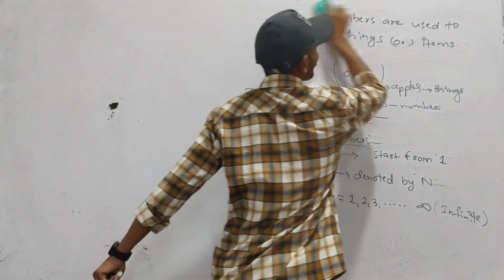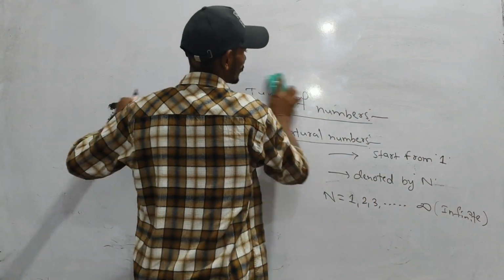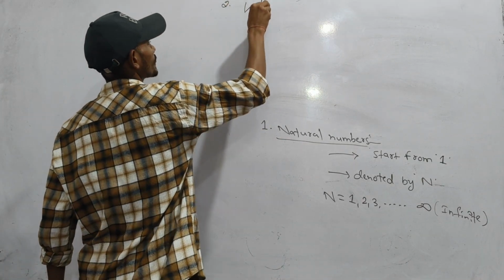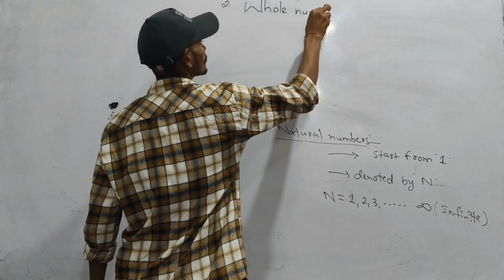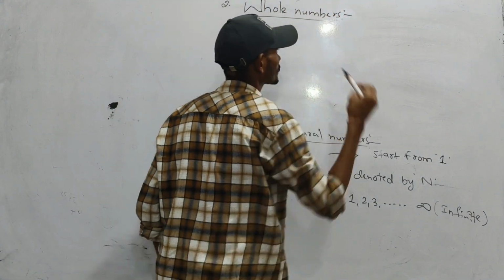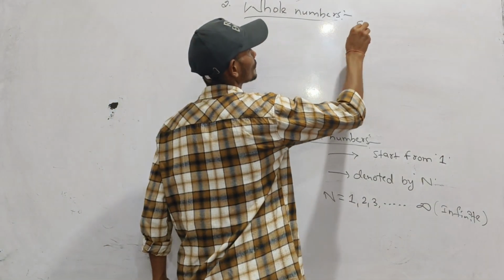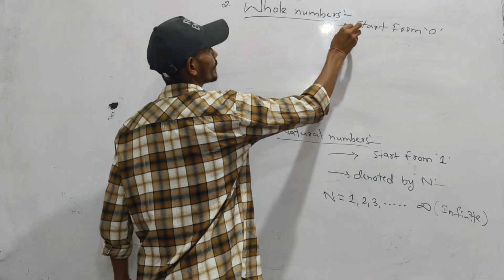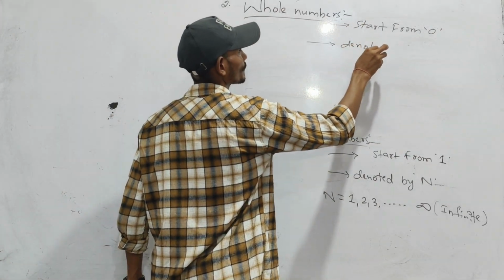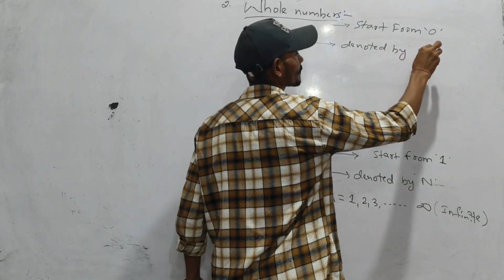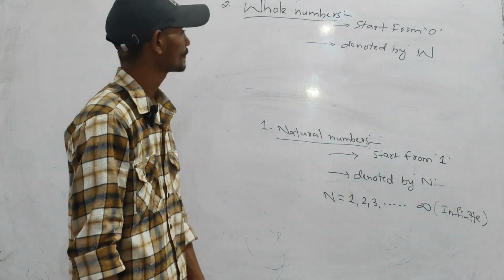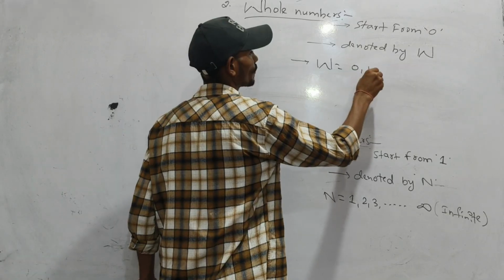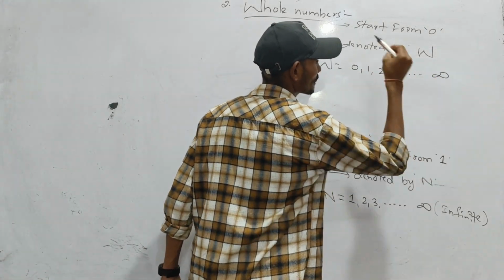Next are the whole numbers. Whole numbers start from 0, and whole numbers are denoted by capital W. Capital W is equal to 0, 1, 2, 3, and so on continuously.